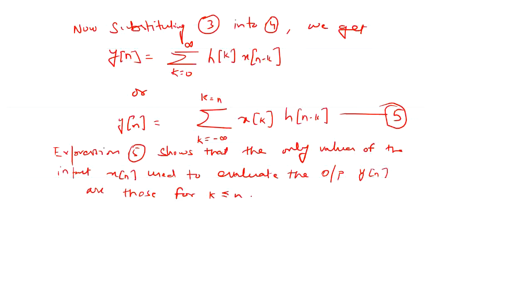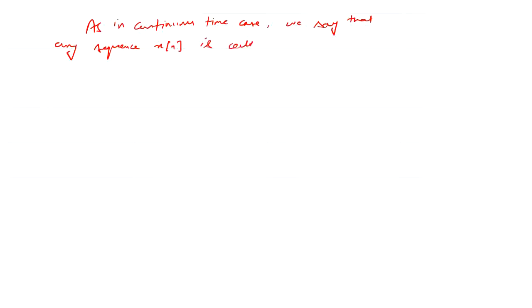As in the continuous time case, any sequence x[n] is called causal if x[n] equals 0 for n less than 0.